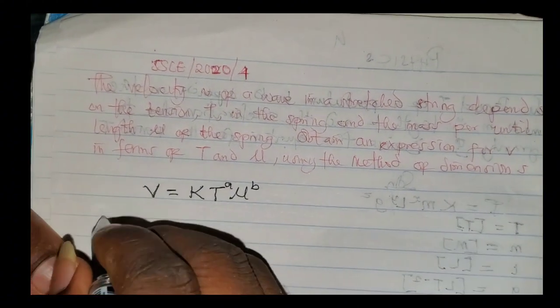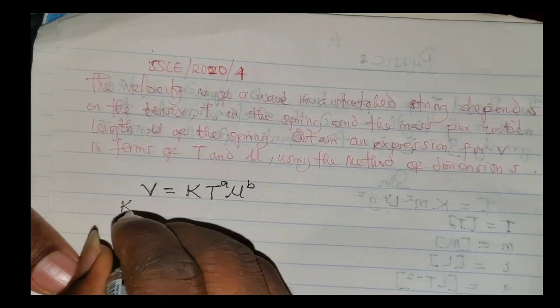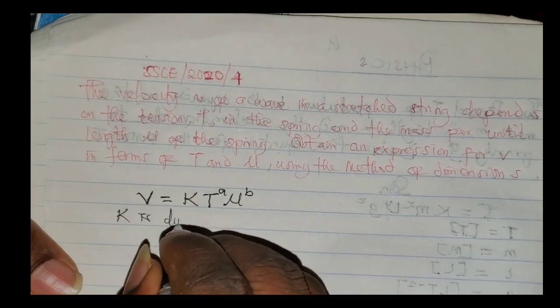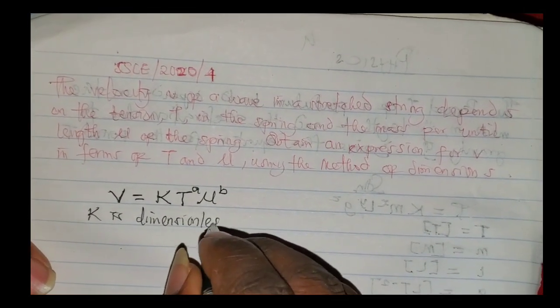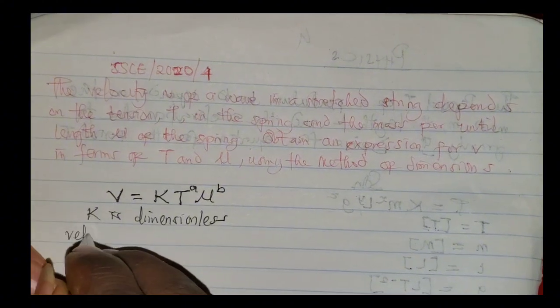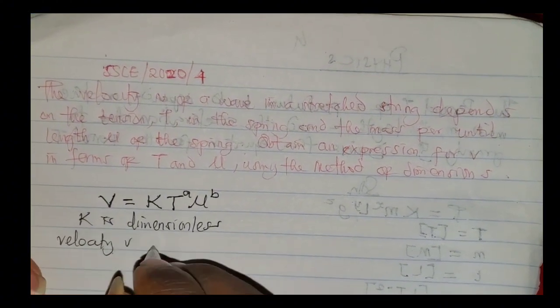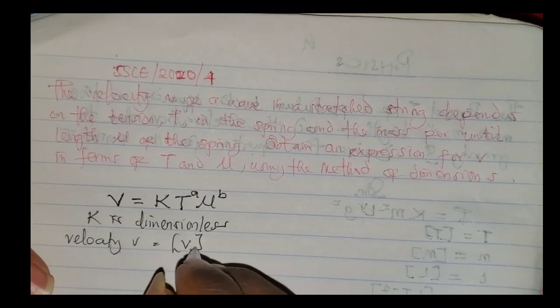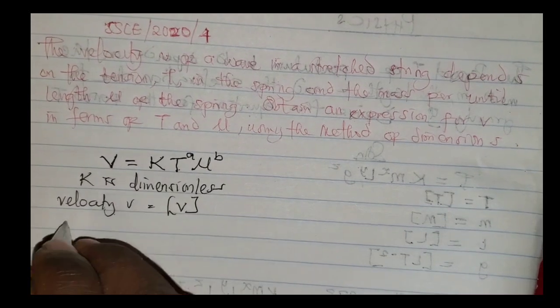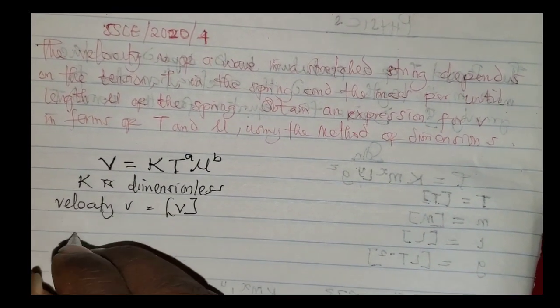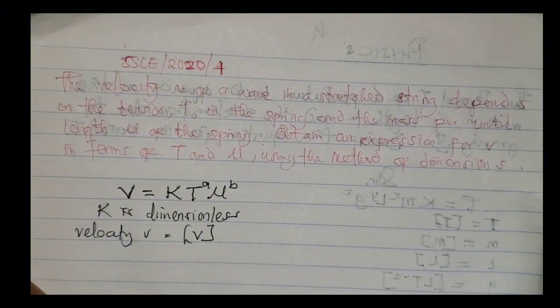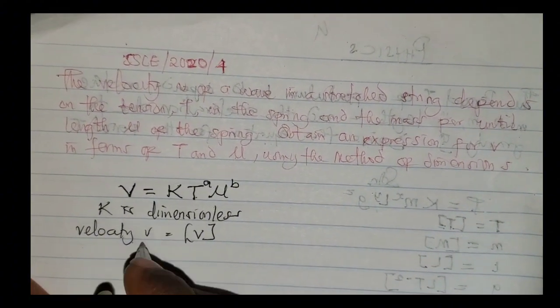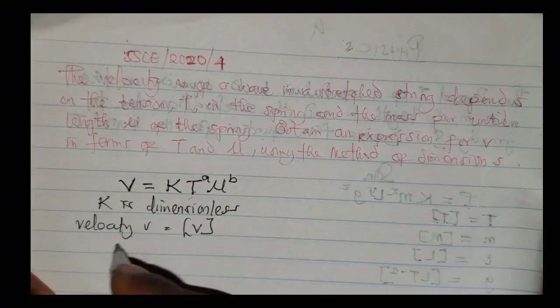Now, K is dimensionless. That means there is no dimension, it is a constant. The dimension for velocity v is LT^-1. Tension is a type of force. Under types of force, we have contact force and non-contact force, and tension is a type of contact force.